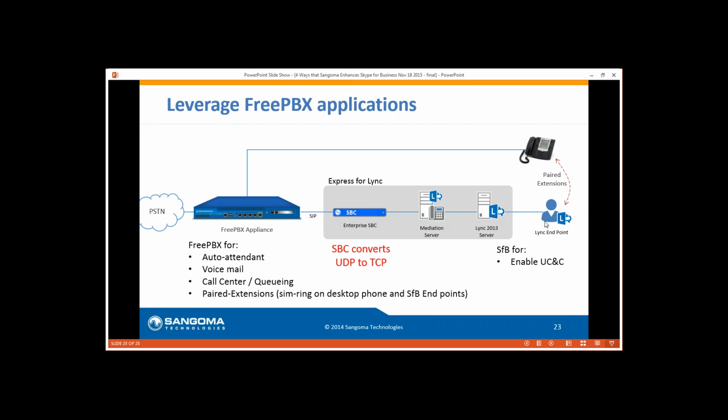And in fact, if you look at this diagram, this is exactly how Sangoma is set up as a company, right? We of course use our own PBX for normal phone communication, if you will, and we use our Link Express or Skype for Business Express to enable unified communications.